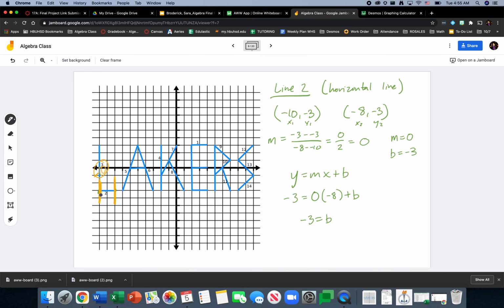Okay, this line only goes from here, that's an x value of negative 10, to here, that's an x value of negative 8. So my domain restriction, remember domain is x values, so this is called a domain restriction. I'm saying I want the x values to be greater than or equal to negative 10 and less than or equal to negative 8. Those are the only x values I want.